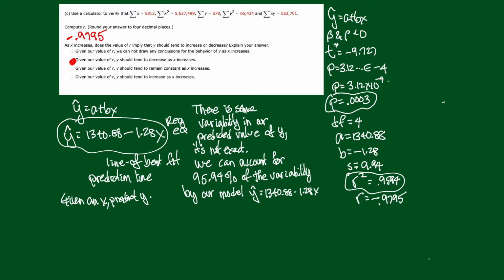If you look back at our model here, here's our model. There's some variability in our predicted value of y, right? If we're given a barometer reading, we put it in here. We're not going to get the exact wind speed. There's some variability here. All right, so we can account for 95 or almost 96, about 96% of that variability from our model.